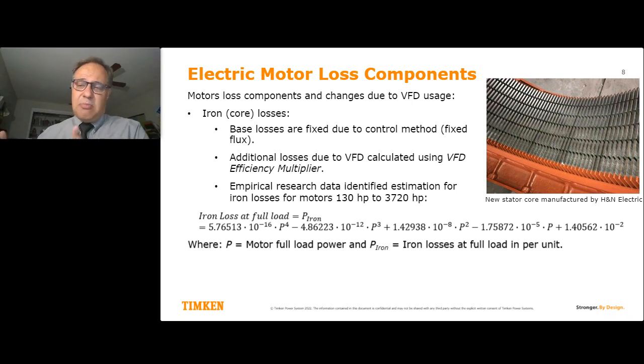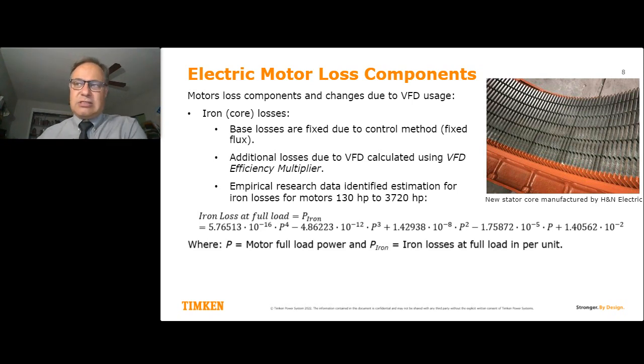Thinking back, because I defined my control method as fixed flux, the flux would not change with the change in speed. However, the losses would change because of the non-sinusoidal waveform introduced into the motor. I tried everywhere to find iron losses. What are they? We can calculate them. We can test them very easily during the design or testing phase of a motor.